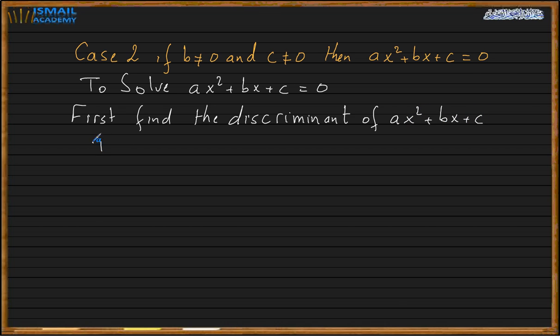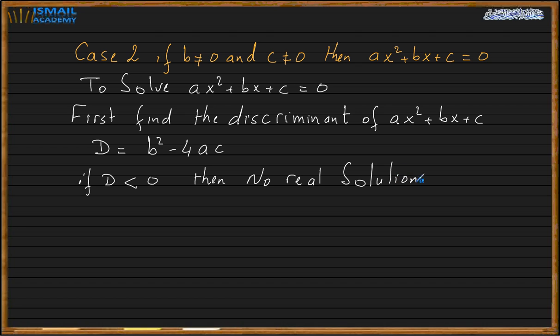The discriminant we already know: d is b squared minus 4 times a times c. So those are the cases for the discriminant. If the discriminant is negative, that means you have no real solution, and your set of solution will be empty.